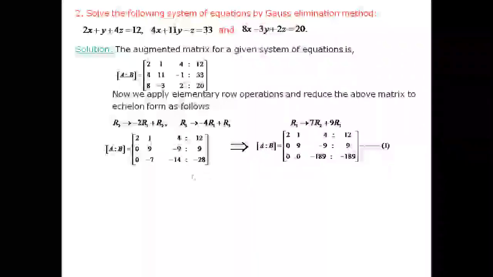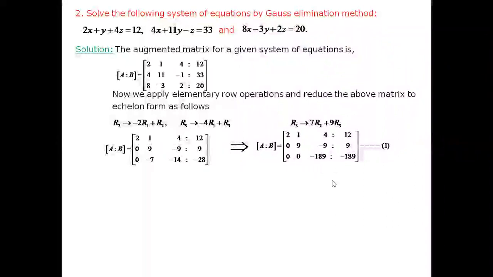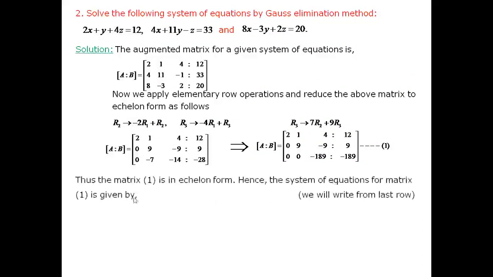Now, let us rewrite the equations for this echelon form matrix. So thus the matrix is in echelon form, hence the system of equations for this matrix is as follows. As usual, like a class problem, we'll start from the last row.